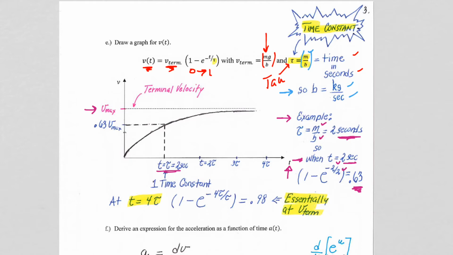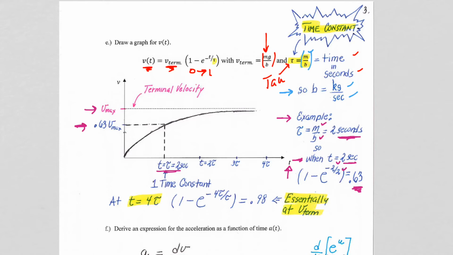So we are roughly 2/3. We're exactly 0.63, but roughly 2/3 to Vmax. So it's a very convenient parameter to use to compare exponential growth or logarithmic growth and exponential decays.